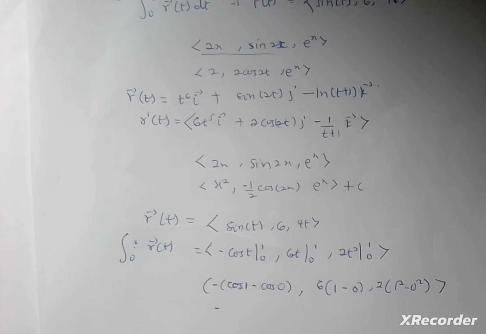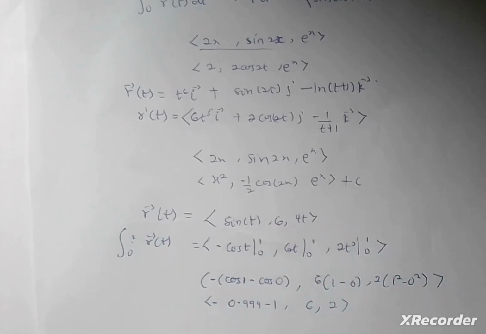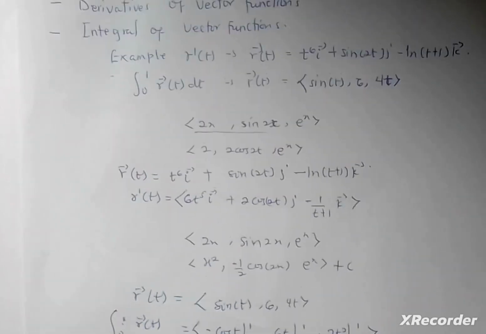Cos 1 is about 0.99 and cos 0 is 1, comma, 6, then 1 squared gives us 2. Let's just leave it in cos and our answer will be fine. So we get negative cos 1 plus 1, comma, 6, comma, 2, and this becomes our definite integral. This is simply how we go about with vector functions.